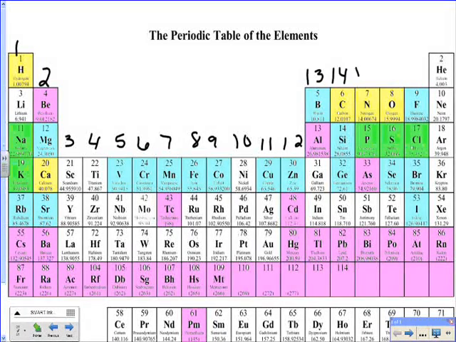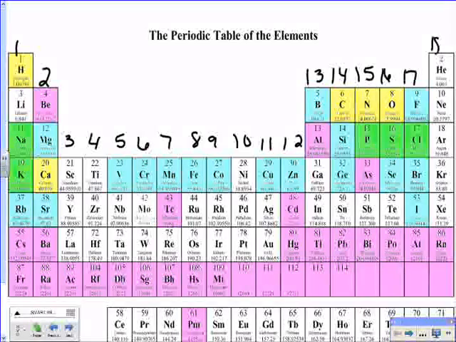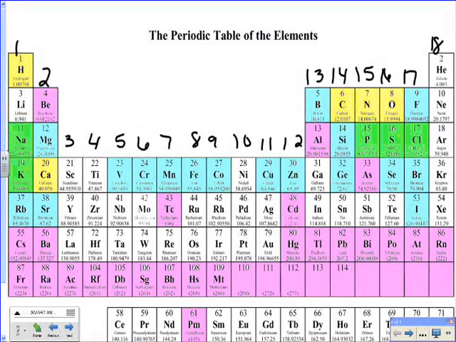So to me, this is the easiest way to remember as far as how to go across the periodic table and label it. But in just a moment, you may decide that you like the older way better. Now this is 1 through 18.